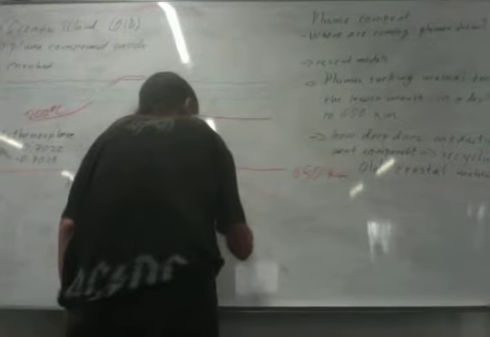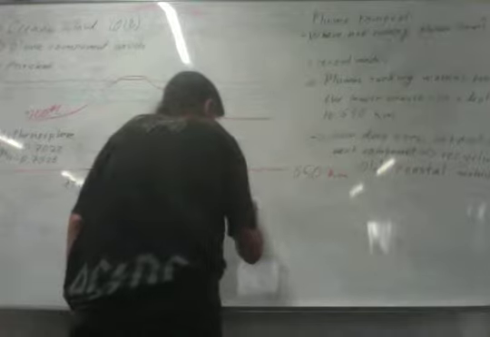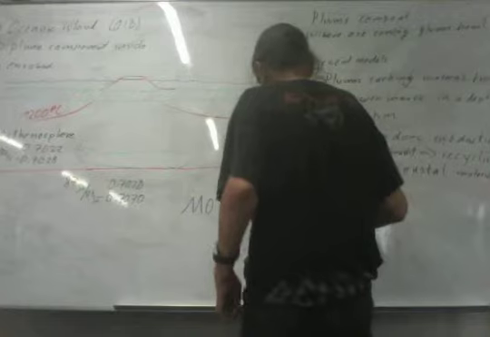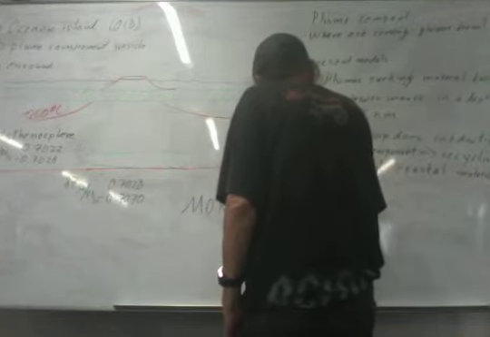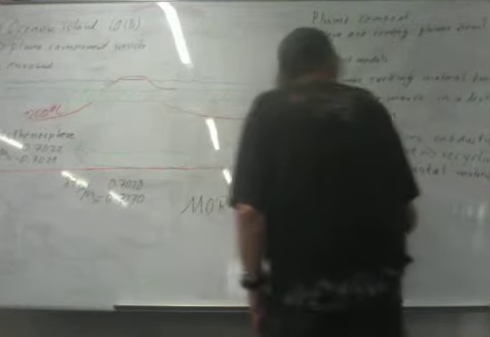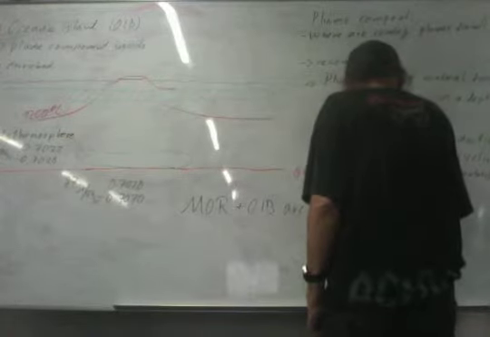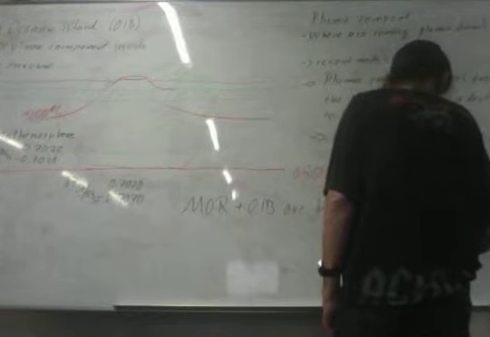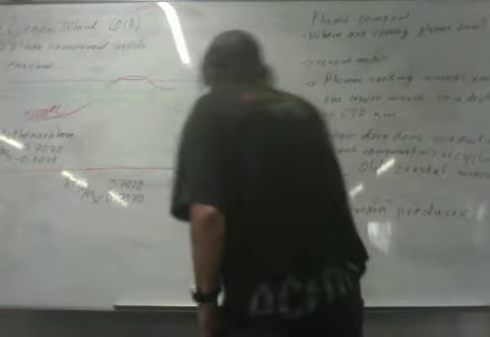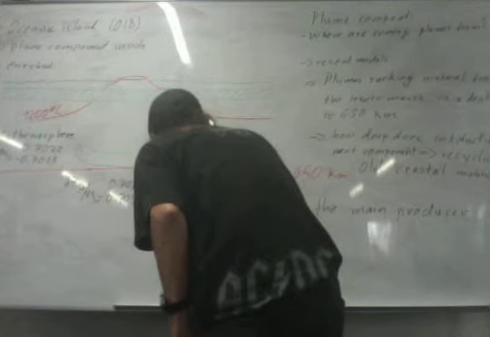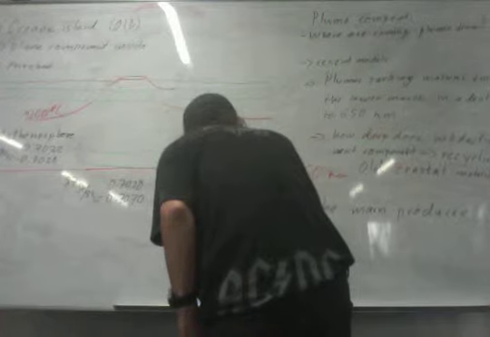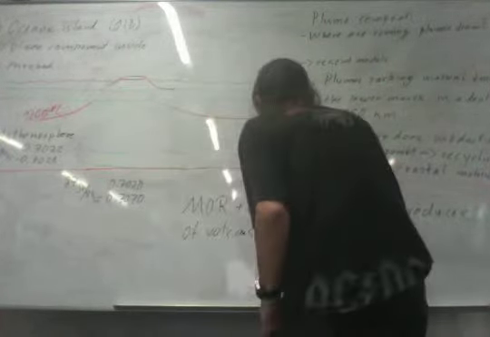So then we have more plumes, the main producer of volcanism on Earth.